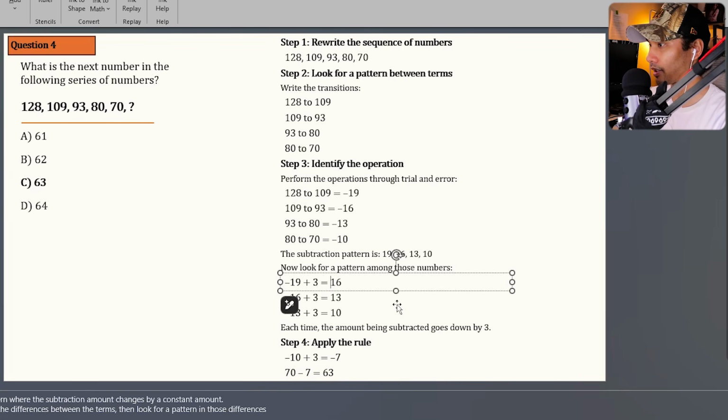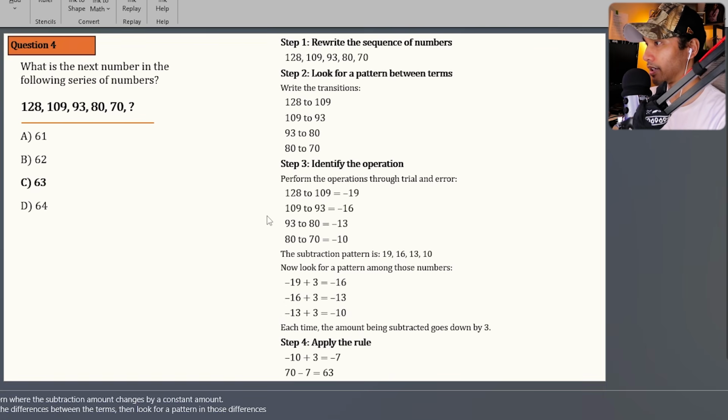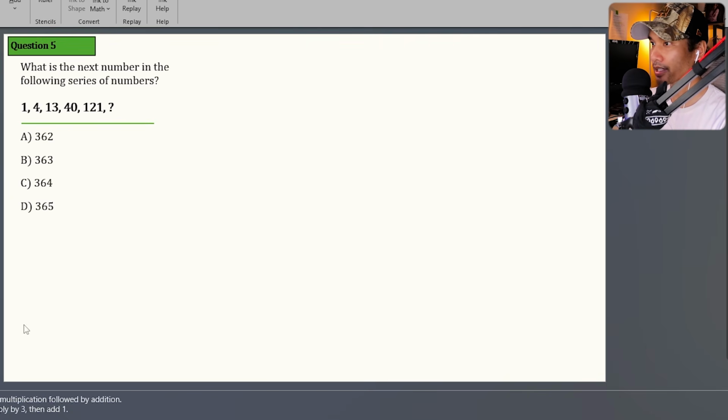And actually, let me just do this. There we go. Now this you could copy and screenshot. Negative 19 plus 3 equals negative 16, negative 13, negative 10, and then we have negative 7, and 70 minus 7 equals 63 to get the next number in the series. Perfect.